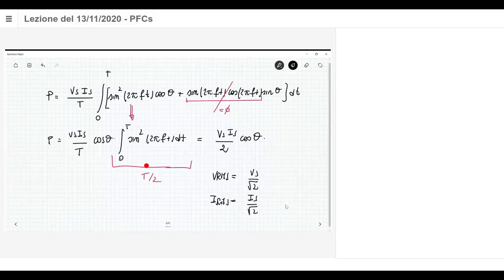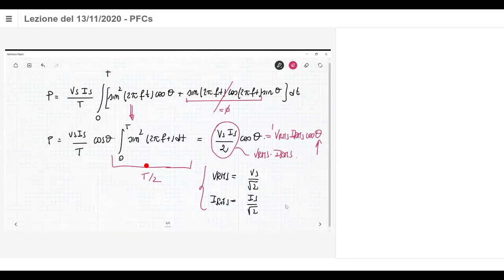So this product, Vs Is over 2, is simply given by VRMS multiplied by IRMS. So the power is VRMS IRMS multiplied by cosine of theta, where theta is the phase shift between the current and the voltage.